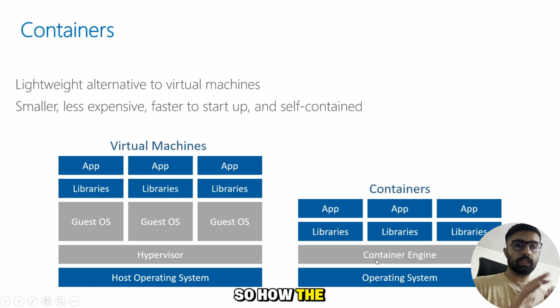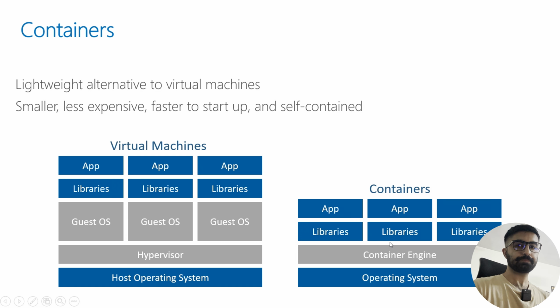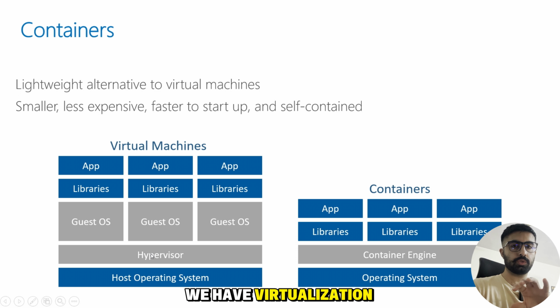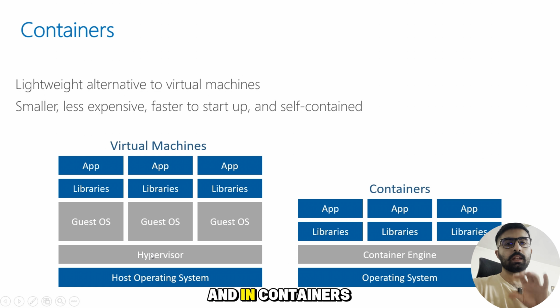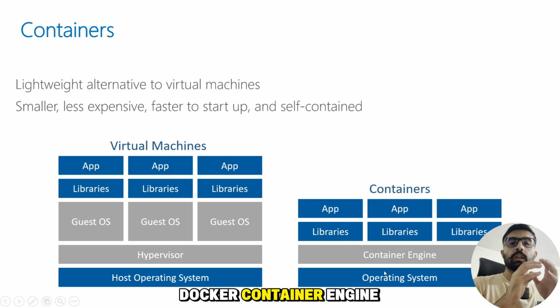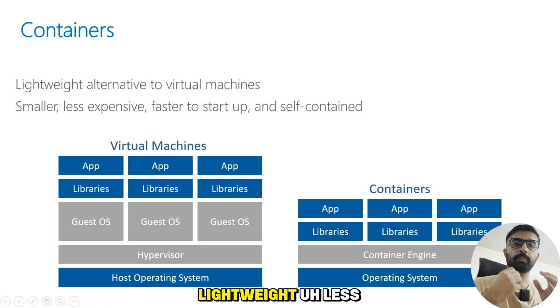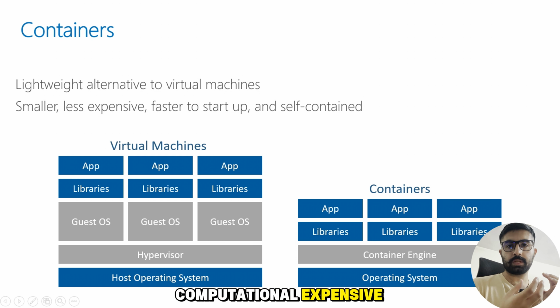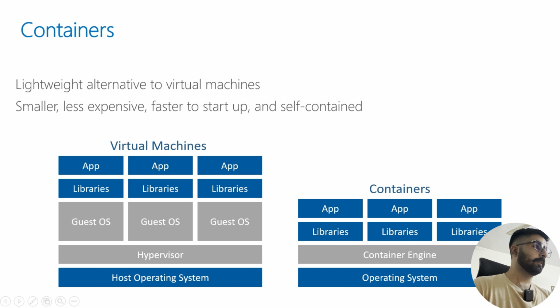How containers and virtual machines differ from each other is that in virtual machines we have the virtualization concept that comes in the hypervisor, and in containers we have a Docker container engine that is responsible for running the Docker containers. That is lightweight, less computationally expensive, and very fast to run and build Docker containers on your local machine.